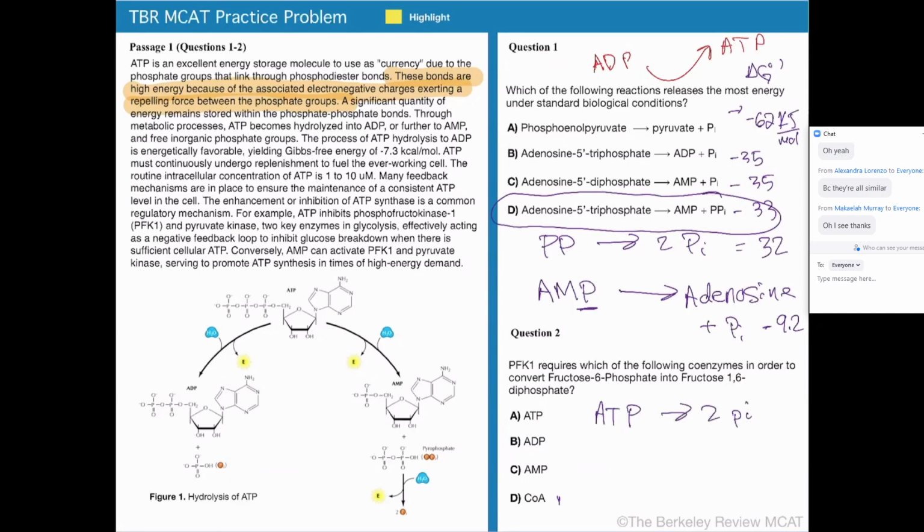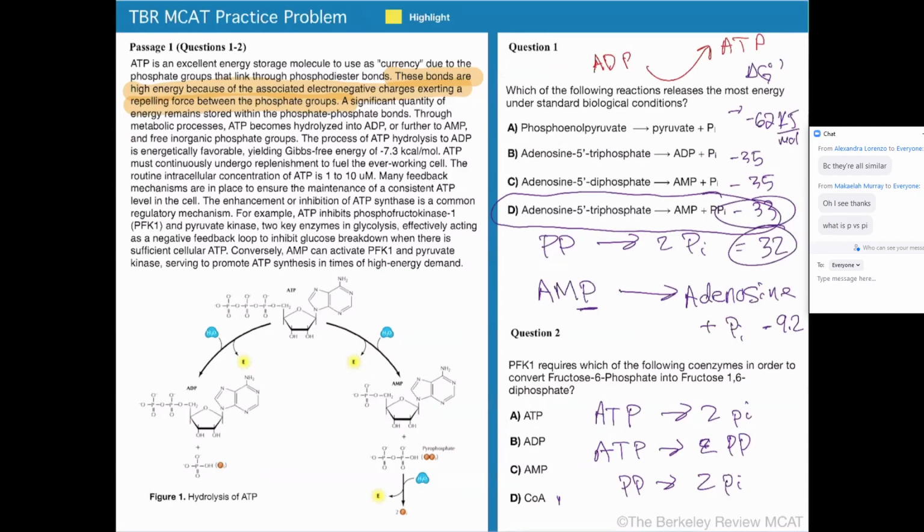Because that's coupling two reactions, ATP to PP, and then also coupling PP to 2Pi. So you actually get double the energy. You would get that negative 33 and then that negative 32. So it'd be two reactions, and you have two energies.